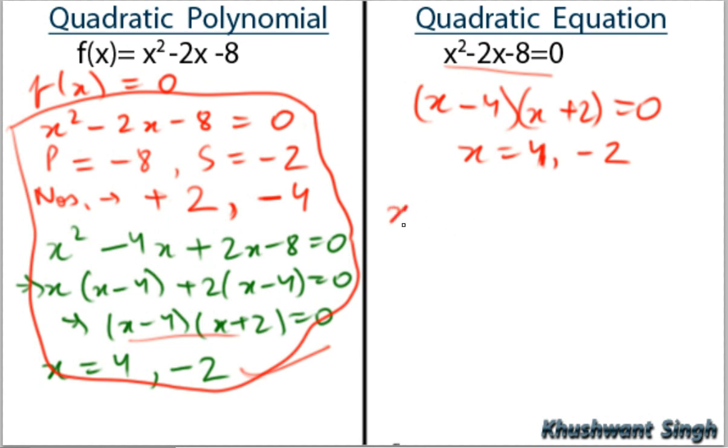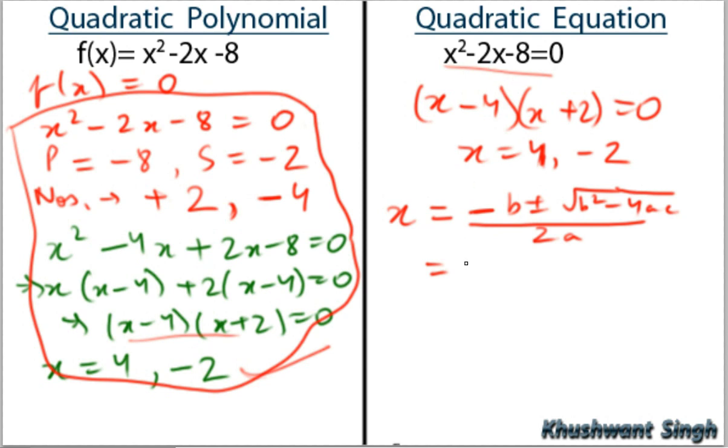If you want, you can use the formula also: x equal to minus b plus minus root of b square minus 4ac, whole divided by 2a. So minus b means minus of this central term, which becomes minus of minus 2. Plus minus root of b square, that is minus 2 square, which is 4, minus 4ac.